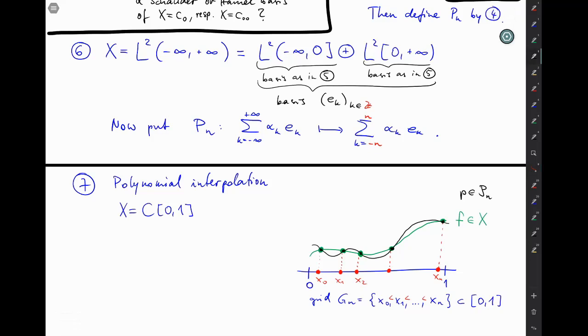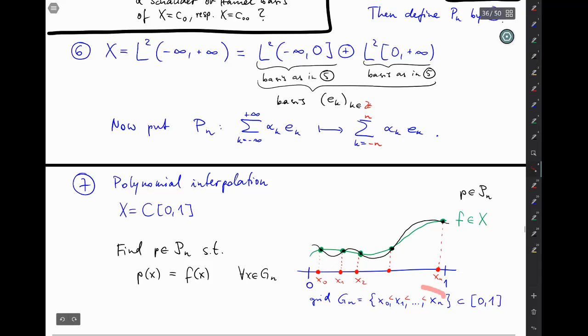So let's write down this task again. Find a polynomial p in P_n such that p of x equals f of x, but not at all points of the interval, only at the grid points.